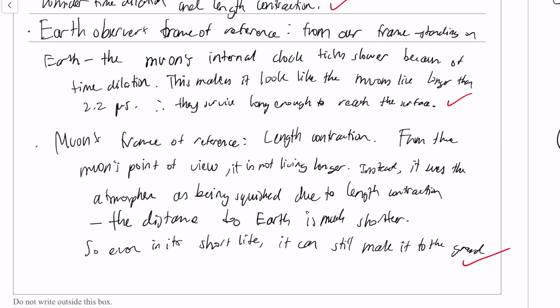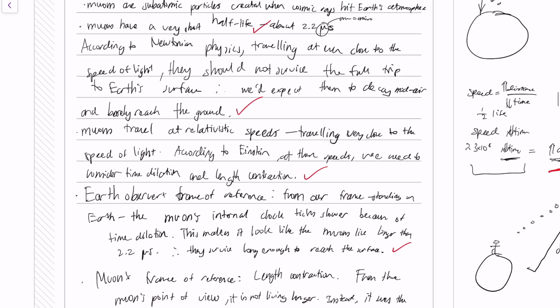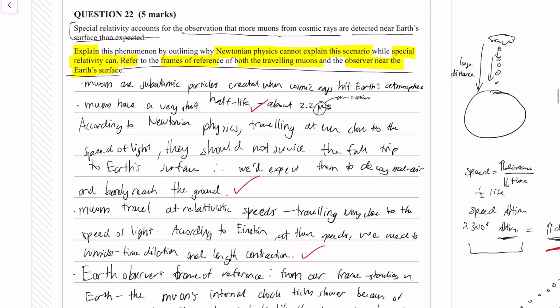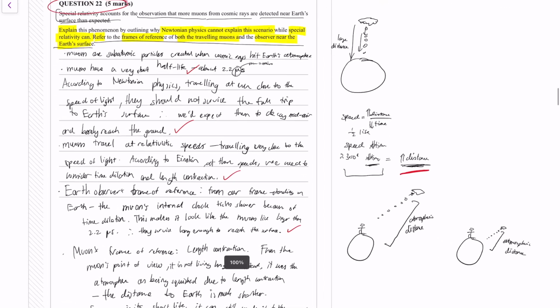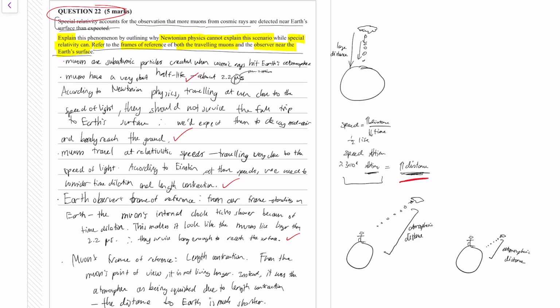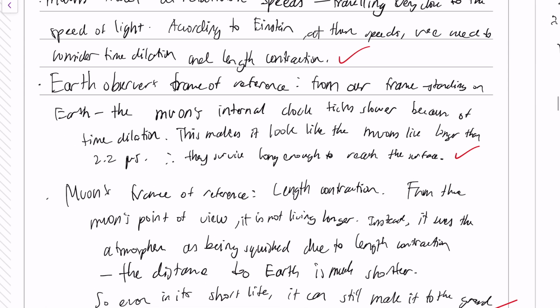Alright, and that's our fifth and final tick and mark. Alright, so that's a full mark question right there. Alright, response. So that last mark is really about saying that from the muon's frame of reference, the atmosphere is shorter thanks to length contraction.